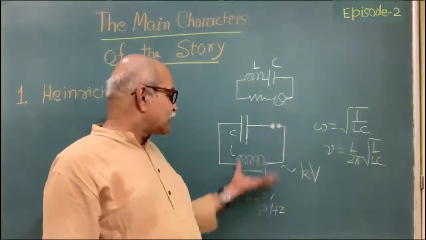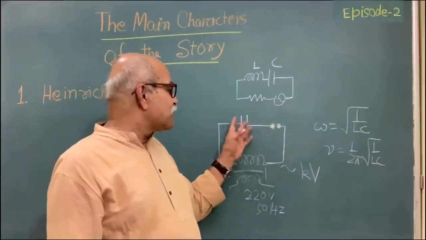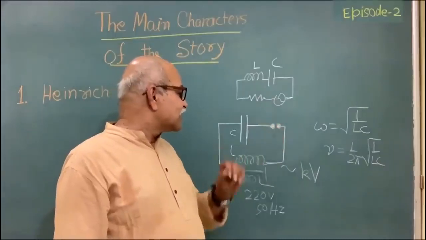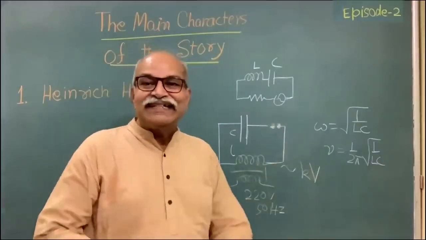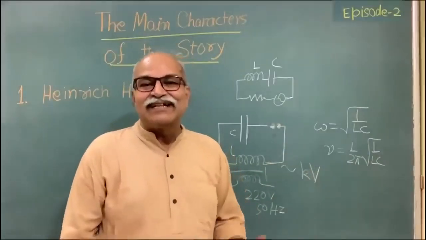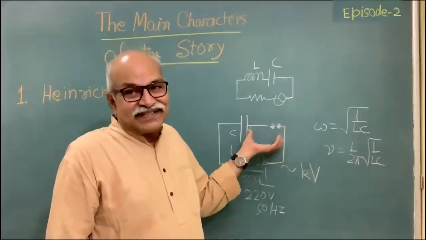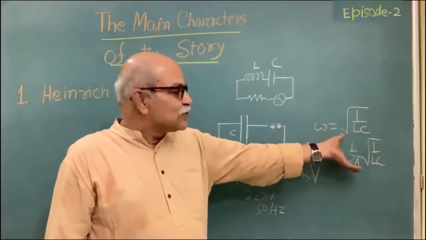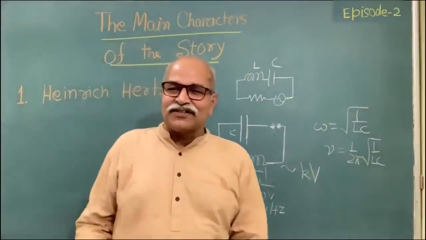Since we are supplying the voltage, once again this charge will build up here, once again there will be a large potential difference across this, and once again there will be a spark. So intermittently, electromagnetic waves are generated from this circuit, of mean frequency at least close to this. Fine. So it is generation.